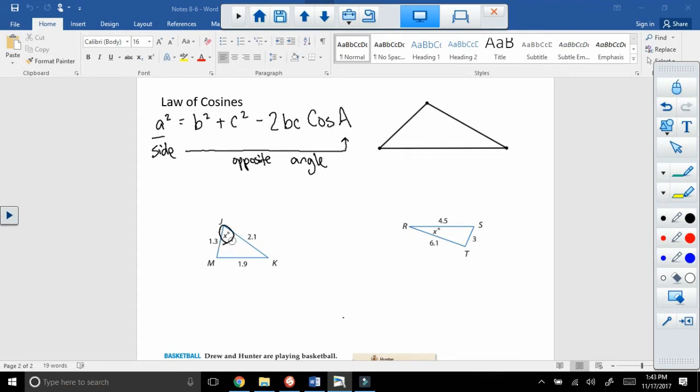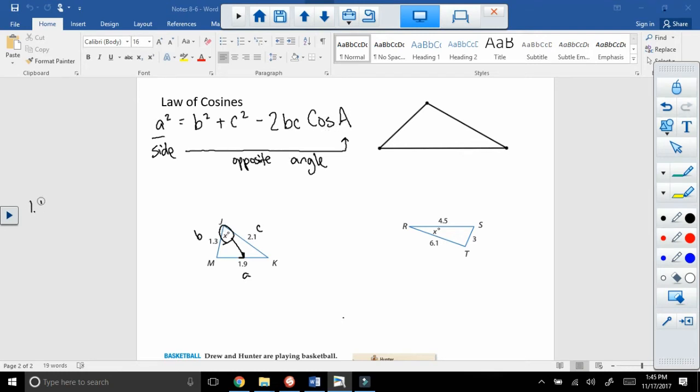So in this case, from this angle, the side that's opposite from it is 1.9.